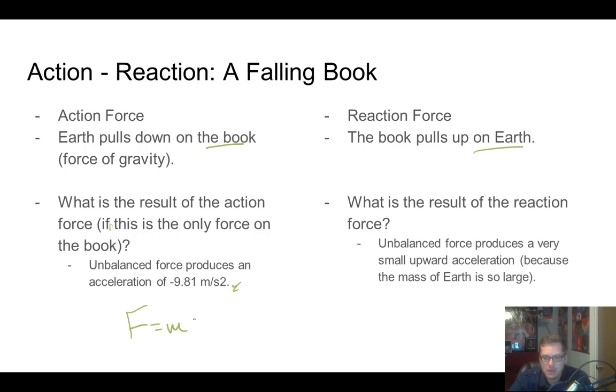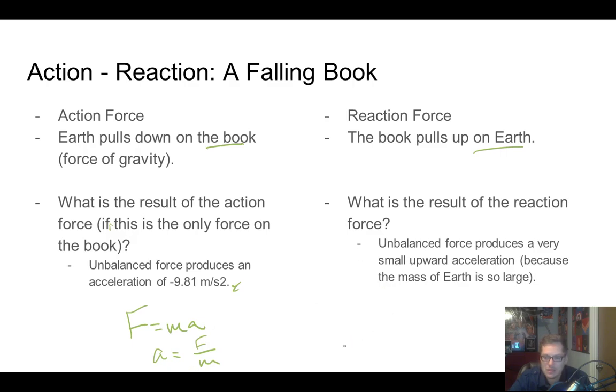Remember, F equals ma. So it's pulling down with some force, and we can take the mass of the book, so the acceleration is equal to the force of however hard the earth's pulling down over the mass of whatever it is. Because the book is relatively light, it gets a fair amount of acceleration pulling it down.